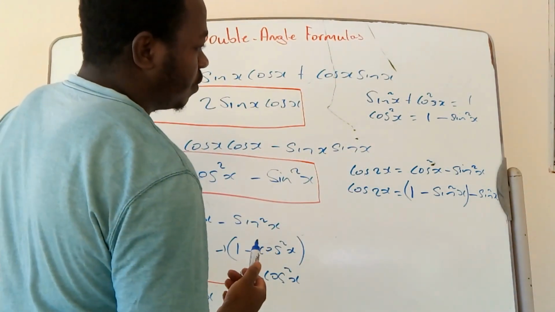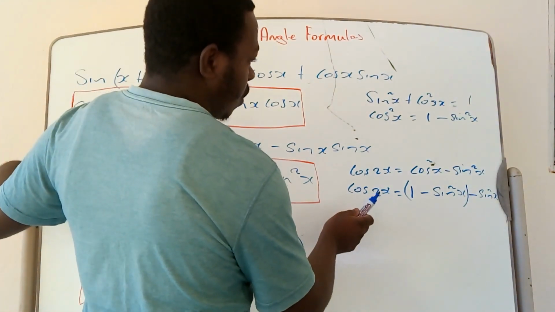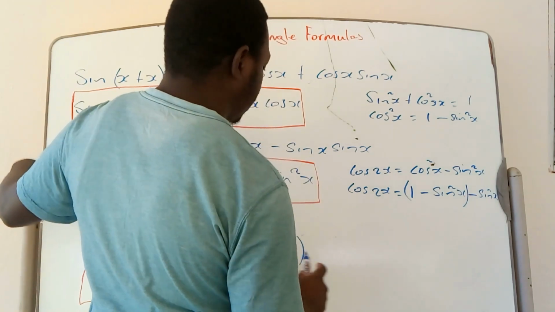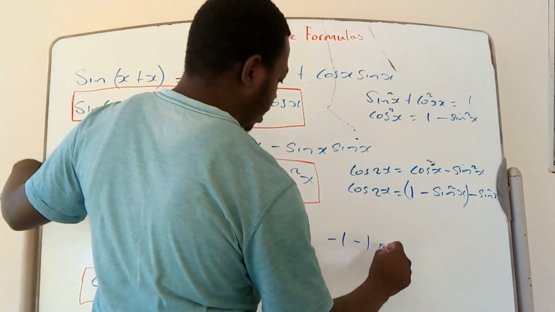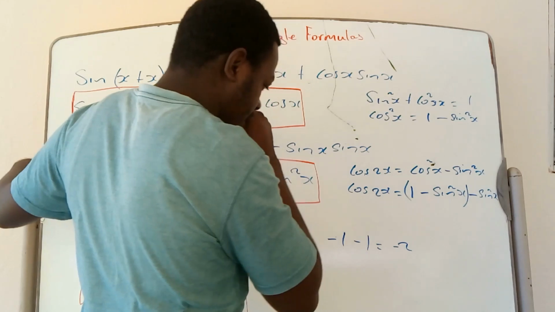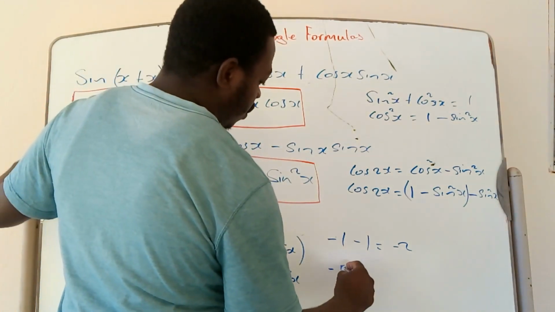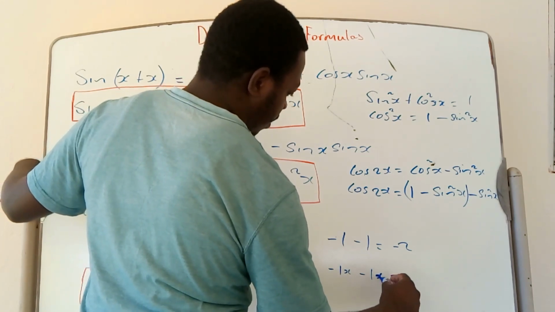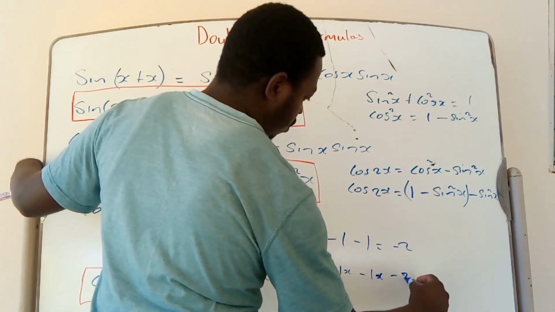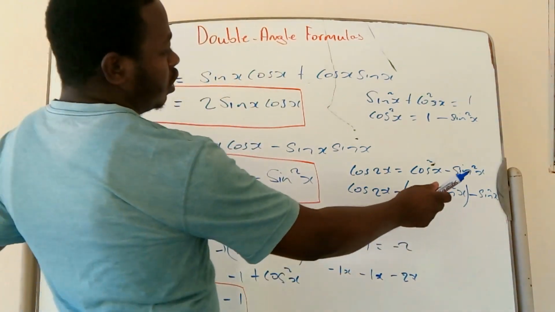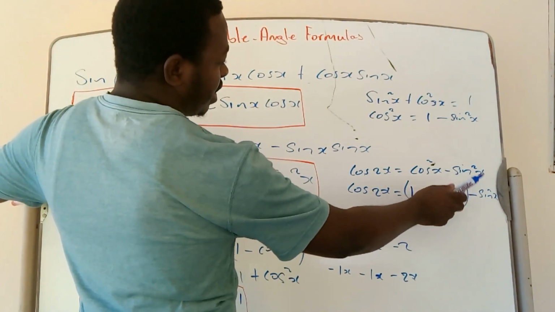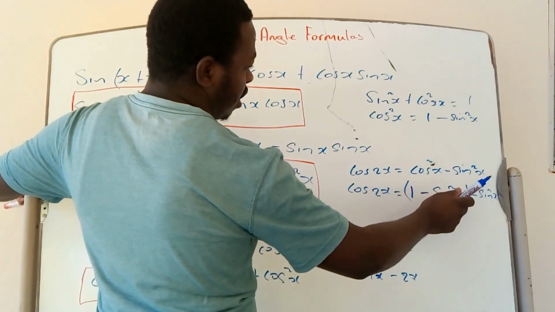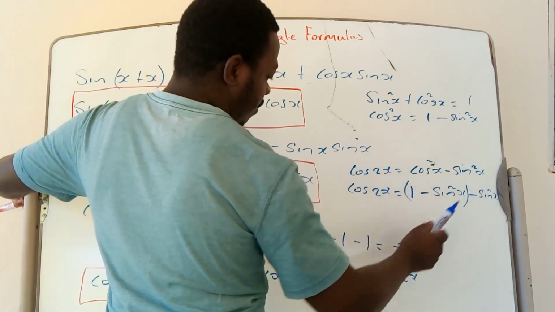Kind of running out of space. So here, this is minus sine squared of x minus sine squared of x. If you have minus 1x minus 1x, that's equal to what? Minus 2x, right? So view the sine squared part as an x, and we have 1 here. So this is just minus 2 sine squared of x.